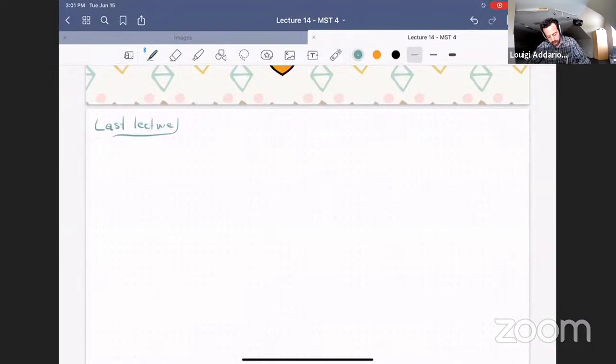The setting last lecture and throughout this one is the complete graph with IID uniform 0, 1 edge weights. And then we wrote MST_n for the resulting minimum spanning tree.